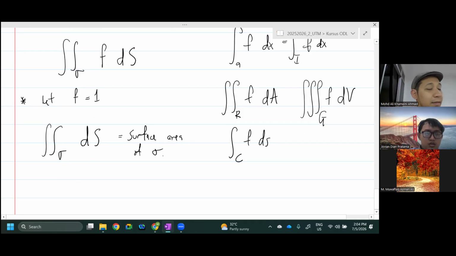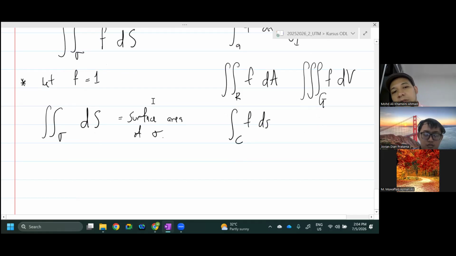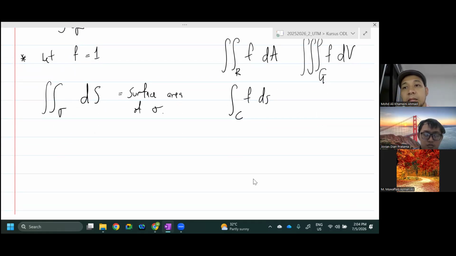Okay. So now how can we compute this surface area? Let me think about this. Oh yes, you need to use back what I mentioned earlier about the parametric equation to represent a surface, the explicit one, and also the implicit one.